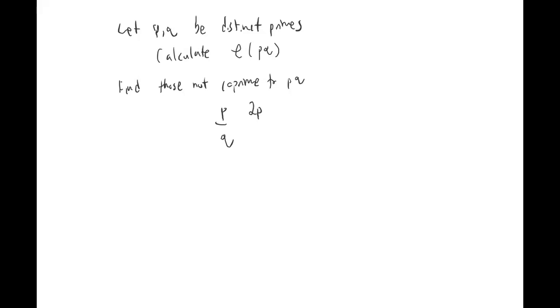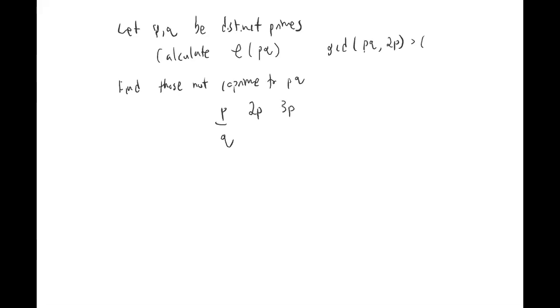So what else? I started you off. What other numbers? Because the GCD of pq and 2p is at least p, bigger than 1, if q is not 2, so it's not coprime.